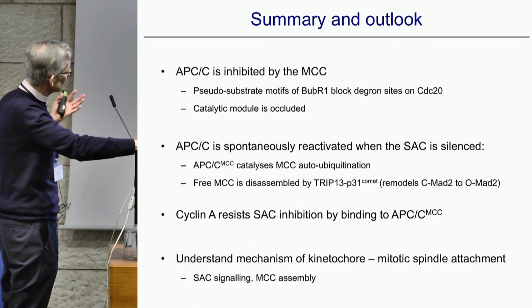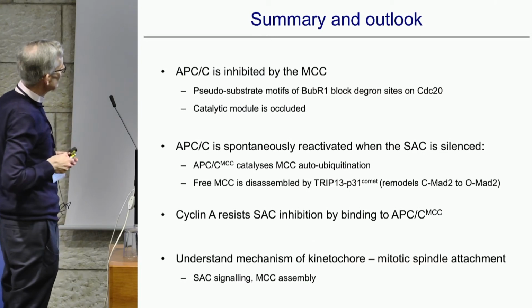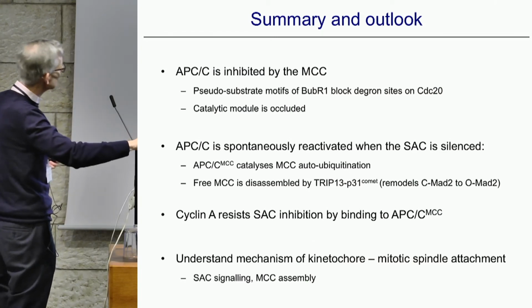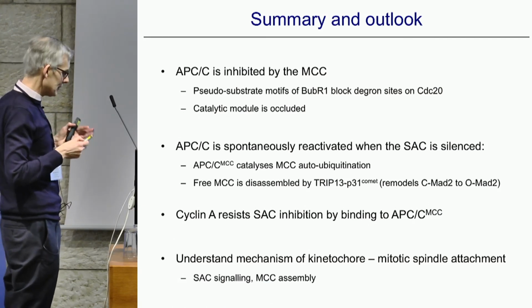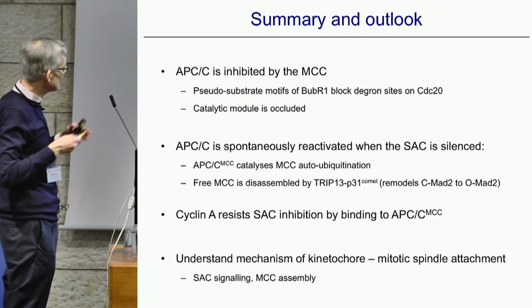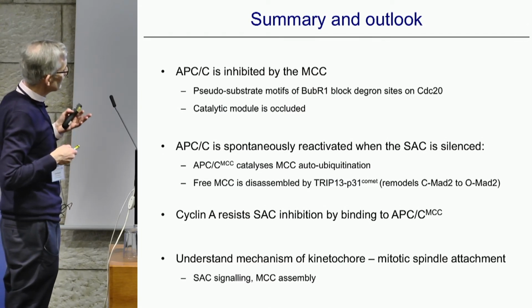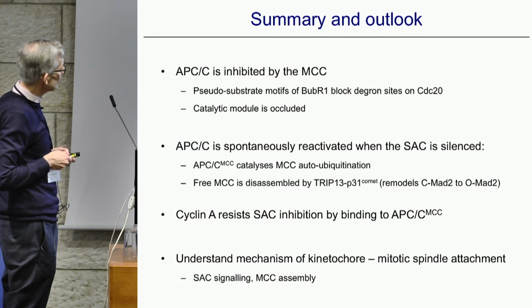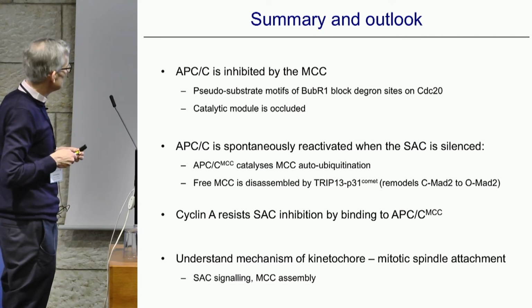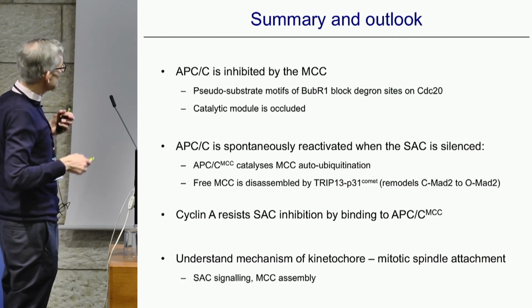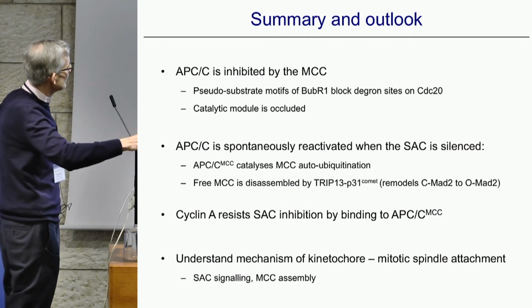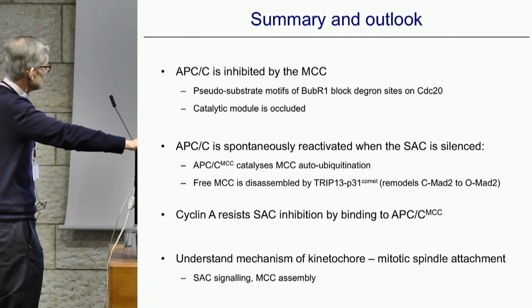And this interaction of the MCC also occludes the catalytic module to prevent E2 binding, but spontaneous reactivation of the APC can occur because of the open-closed equilibrium of the APC-MCC, which allows the binding of the E2, which then catalyzes the ubiquitination of CDC20, which then destabilizes the APC-MCC to allow APC-CDC20 to be regenerated. But by a second mechanism, free MCC can be disassembled by this TRIP13-P31 comet mechanism, which I just explained.